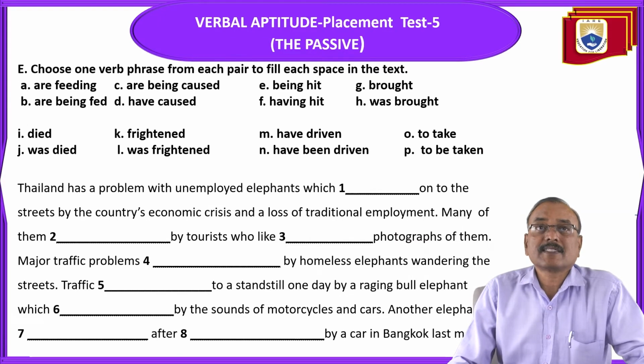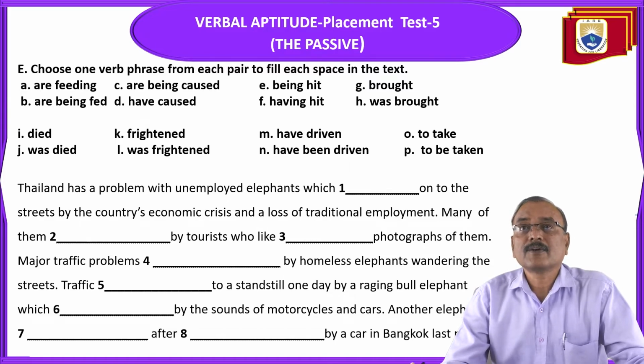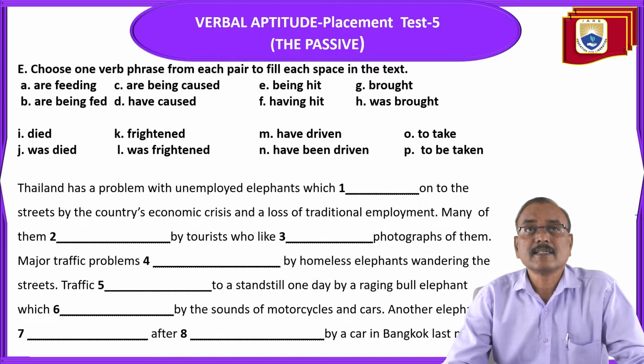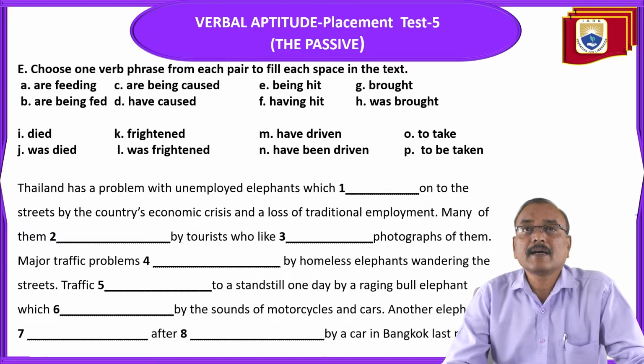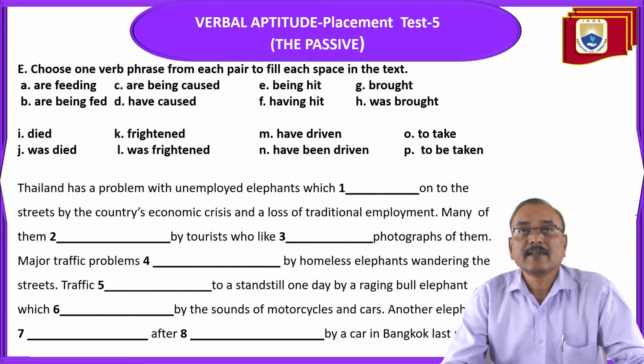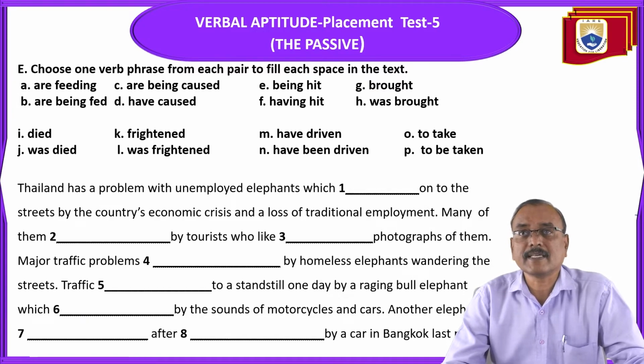And now section E. Choose one verb or phrase from each pair to fill each space in the text. Are feeding, are being fed, are being caused, have caused, being hit, having hit, brought, was brought, died, was died, frightened or was frightened, have driven, have been driven, to take, to be taken.